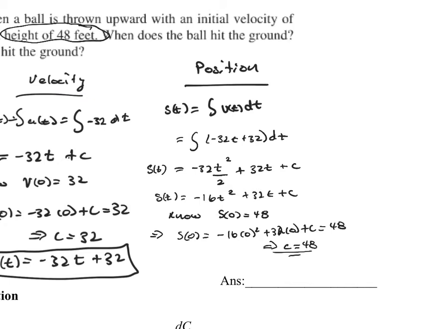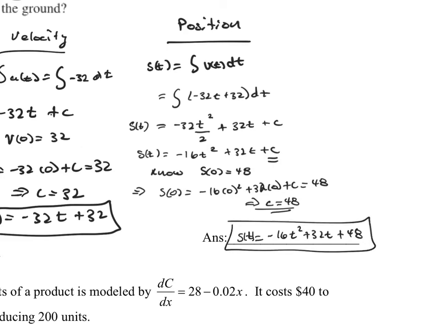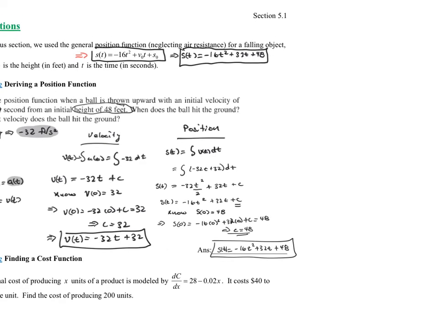So now I'm going to plug that c value back into the position function to get the true position function, which would be s of t equals negative 16t squared plus 32t plus our c value, which was 48. If we go back and look according to the formula, those are the exact same functions: negative 16t squared plus 32t plus 48. So we were able to derive why that had to be the initial position function.